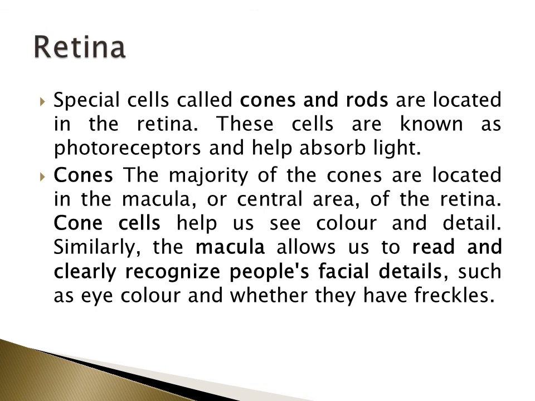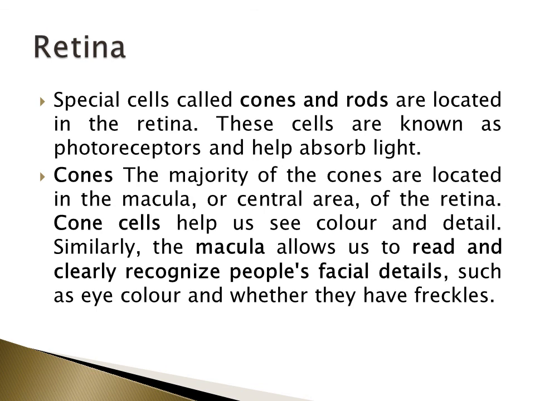The cone cells help us see colors and detail. Similarly, the macula allows us to read and clearly recognize people's facial details, such as eye color and whether they have freckles.